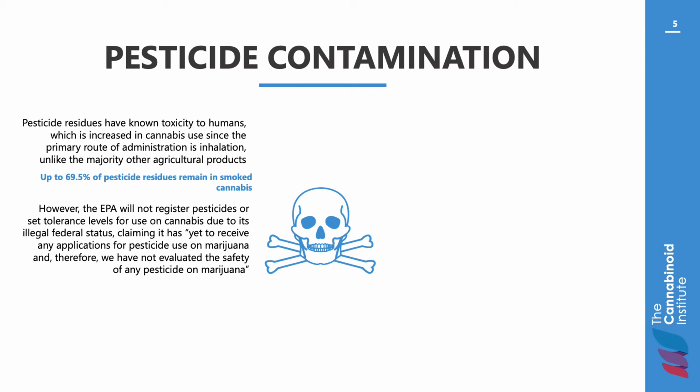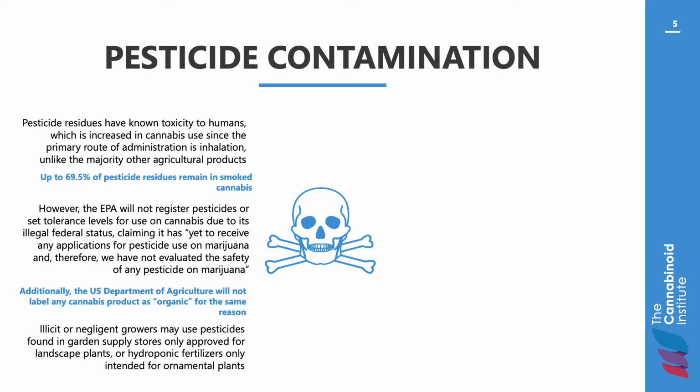Additionally, the U.S. Department of Agriculture will not label any cannabis product as organic for the same reason. Illicit or negligent growers may use pesticides found in garden supply stores only approved for landscape plants or hydroponic fertilizers only intended for ornamental plants.